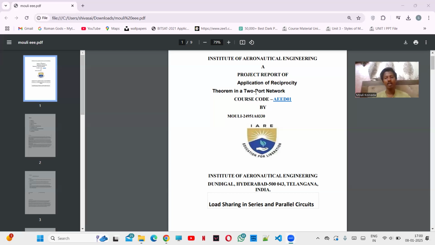The total resistance in a series circuit is the sum of the individual resistances of the components connected in series. The voltage across each resistor in the series circuit is proportional to its resistance.